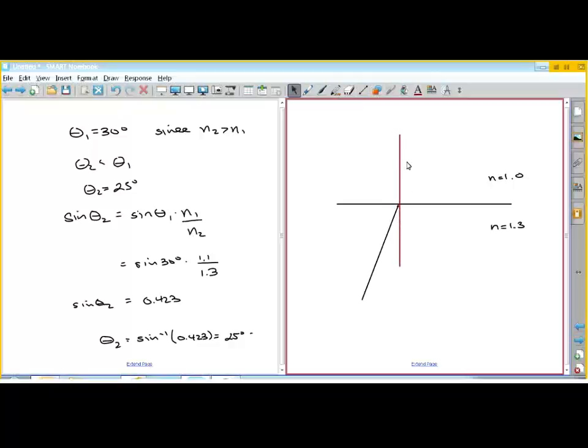And so instead of bending towards the perpendicular line, it's going to bend away. So in this case, this would be theta 1, this would be n1, this would be n2, this would be theta 2. Because n2 is less than n1, it bends the other direction. If this was, say, 1.5, it would bend towards the line. This one's bending away from the line.